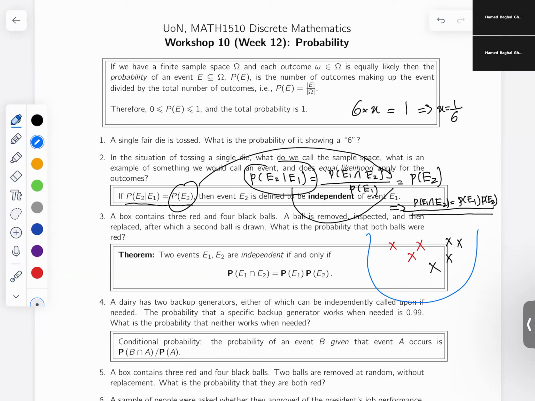Now, second ball, we want to take it. What's the probability that both of them are red?